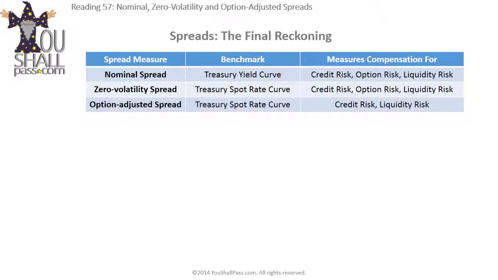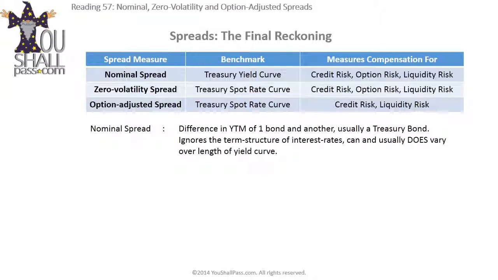Nominal spread is simply the difference in YTMs of a bond and that of some other comparable bond. The nominal spread ignores the term structure of the interest rates as quoted for a particular maturity. It can and often does vary over the length of the yield curve.